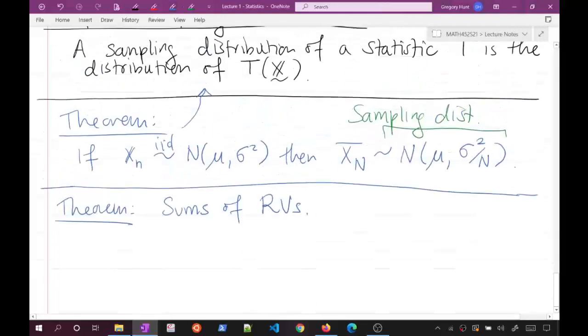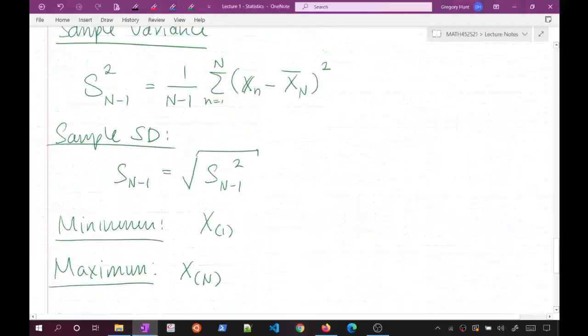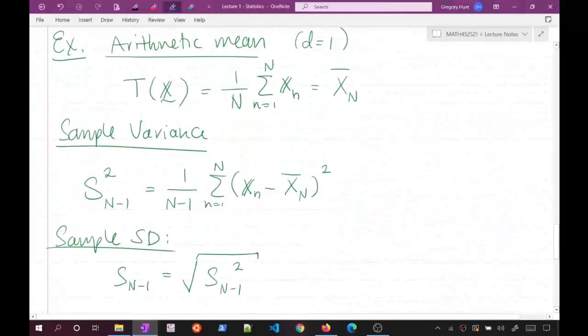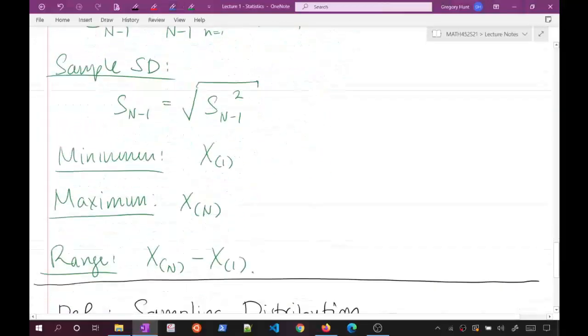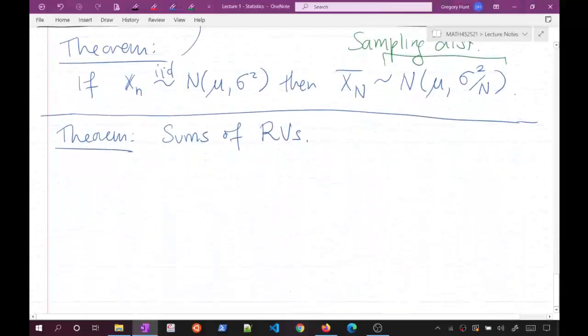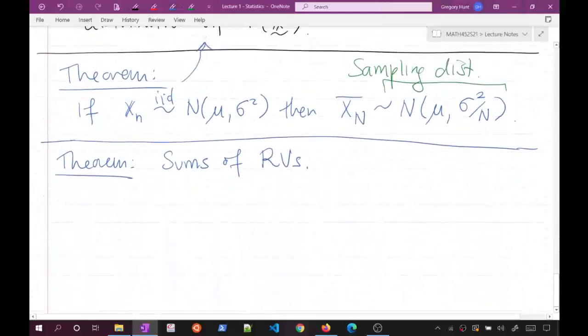X bar, the arithmetic mean, is basically a sum that's been renormalized. We divide through by n, but it's basically a sum. And sums of random variables are simple enough that often we can actually analyze what's going on, and very important to the study of statistics. So this theorem is about sums of random variables.